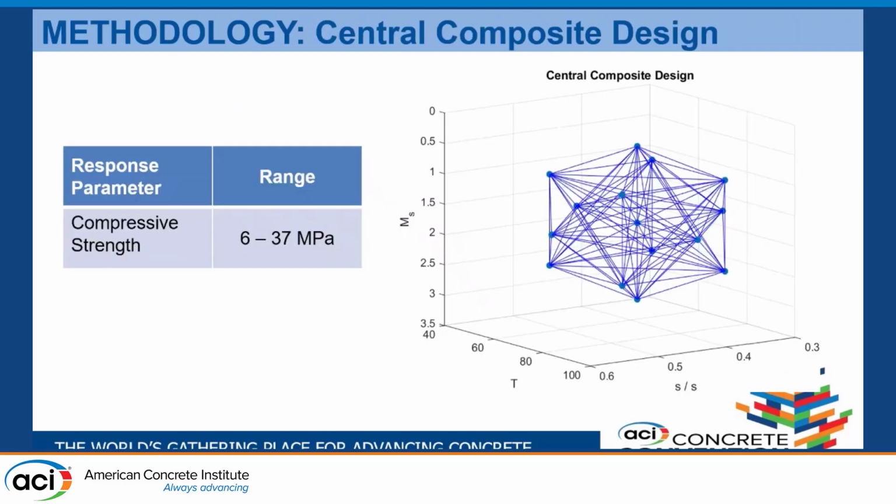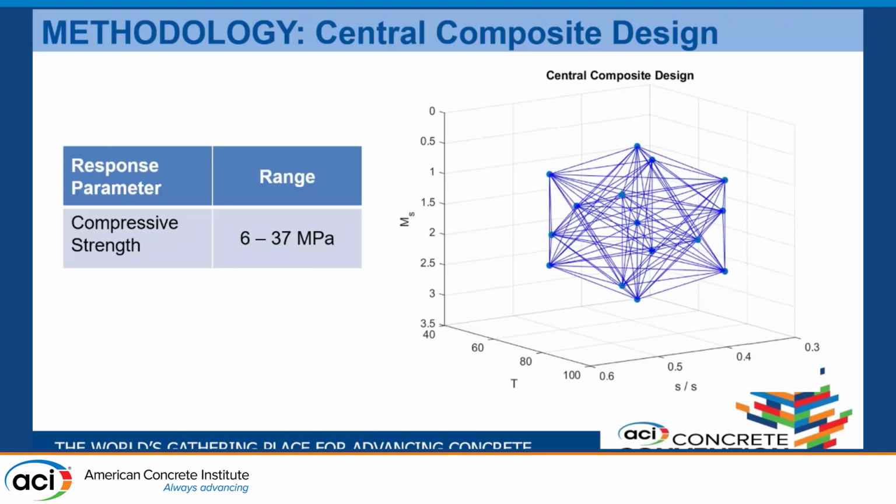This shows the central composite design methodology. First we have the response parameter, which is the result of the 3 parameters I mentioned, and it gives ranges of 6 to 37 megapascal. This testing was performed at Penn State University using miniature cylinders, and the central composite design compositions resulted in 20 miniature samples.